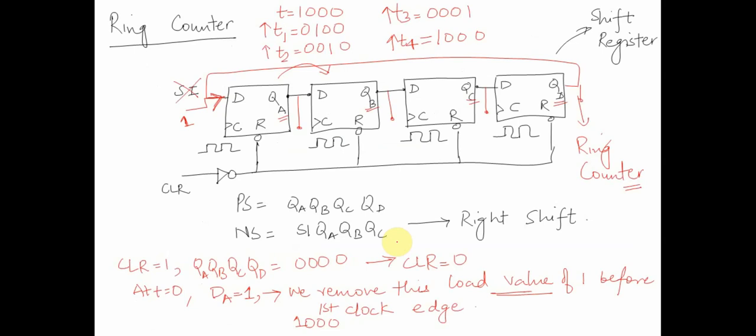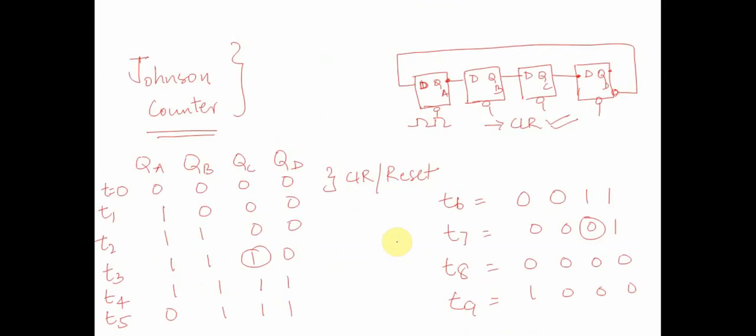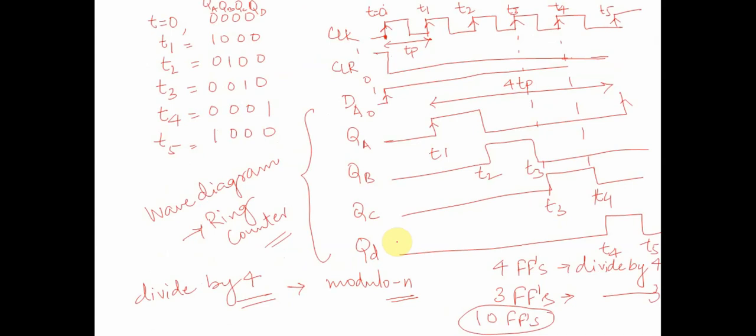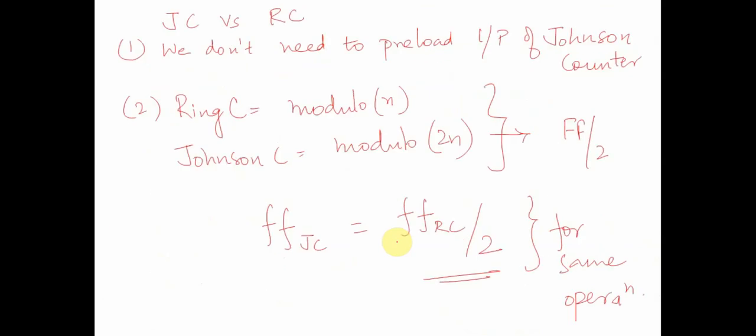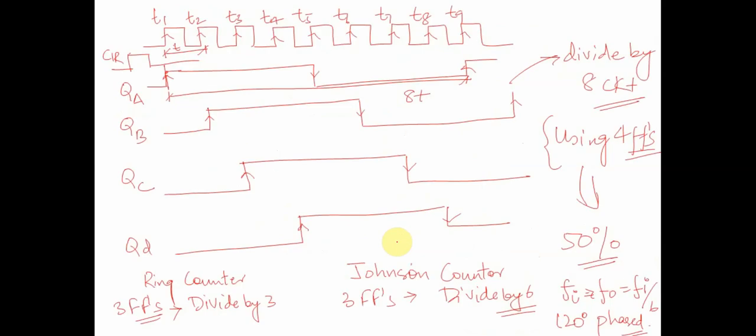It's a ring counter, which is a modulo n counter, and we saw a variation of this counter where instead of connecting Q of the last flip-flop to the D of the first flip-flop, we connected Q bar, and we got a modulo 2n operation, where the number of flip-flops required to obtain the same function as the ring counter would be half. Then we drew a wave diagram to see how this operation is handled, and we saw a 50% duty cycle and a divide by 8 circuit using 4 flip-flops.